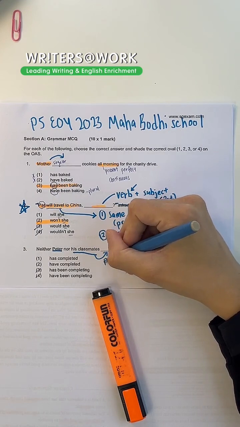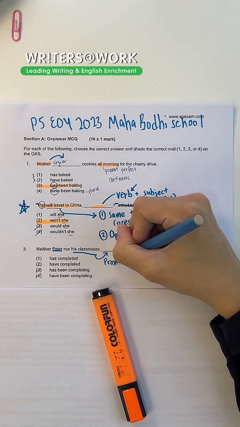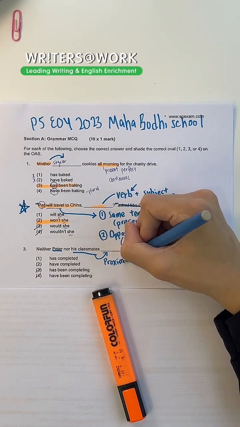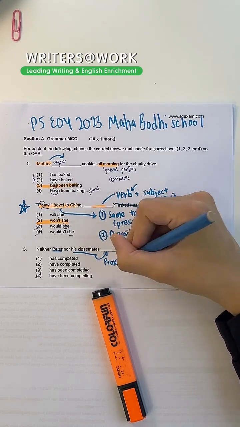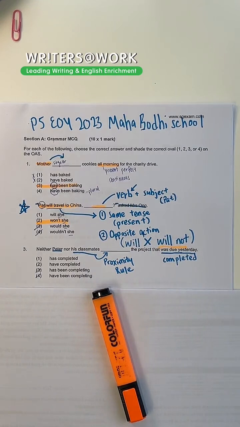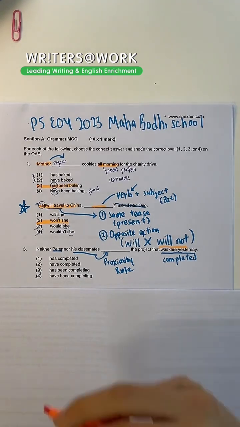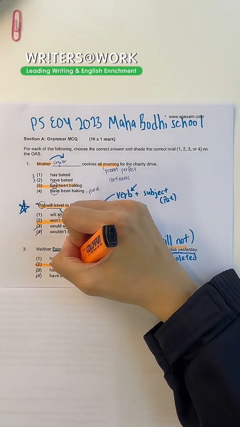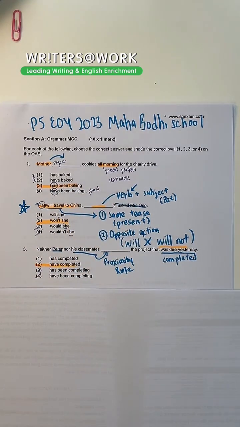By proximity, whichever is the nearest to the blank, that is the subject you should take reference from over here. Since Peter's classmates is nearer to the blank, we use them as the subject over here, and this subject is plural. Thus the option is option 2, have completed. Have because it's plural. So for those that got it right, well done.